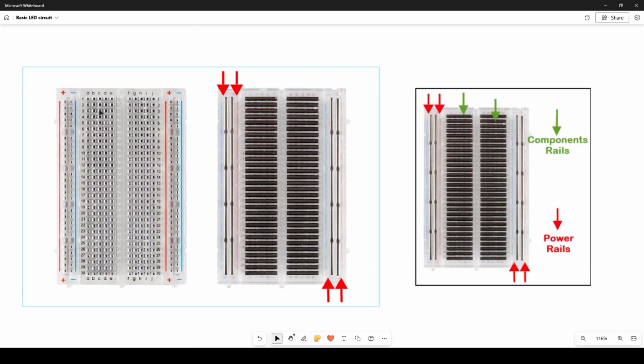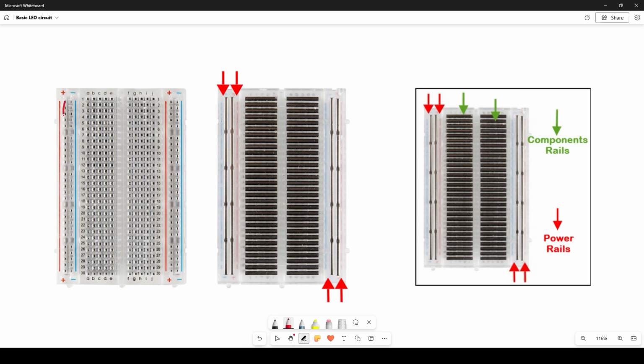These wires, which go from A, B, C, D, E, and F, G, H, I, J, are connected horizontally in this configuration, but they're connected vertically. And then these are called the power rails, the ones marked by red, and the green are component rails. So the component rails are connected horizontally in this picture, and the power rails are connected vertically. So all of these are joined. So if you look at this, I'll mark it in red.